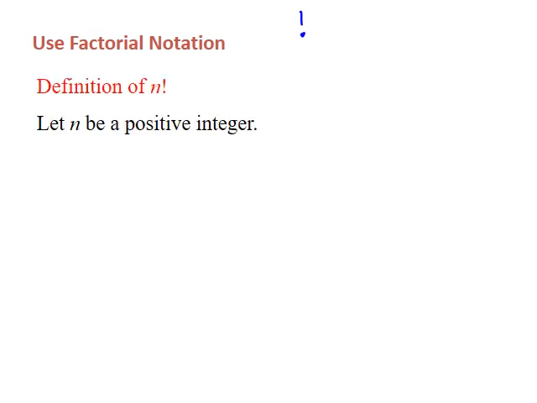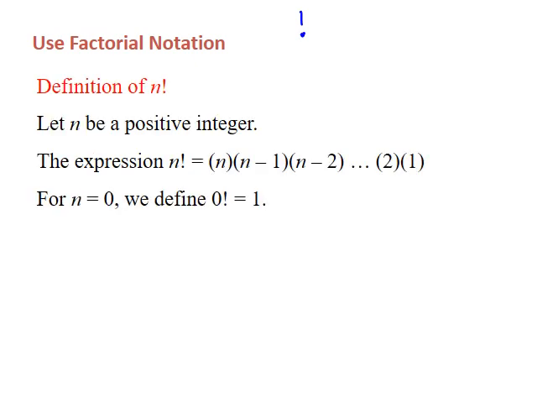Next, we come to factorial notation. This is math that you may or may not have seen, but it has the exclamation point. And it's important to mention that if we have 7 factorial, this does not mean 7!